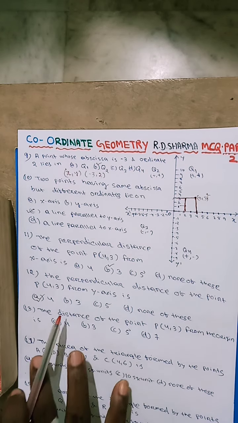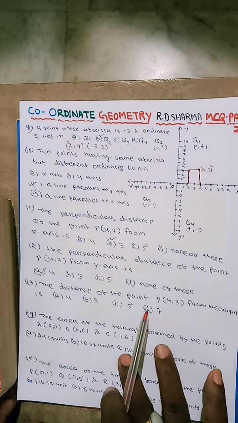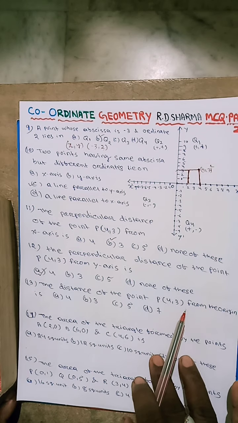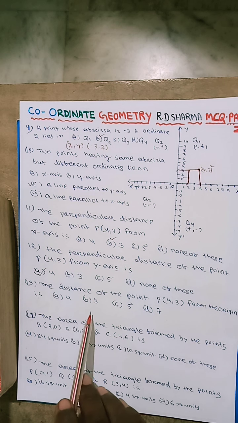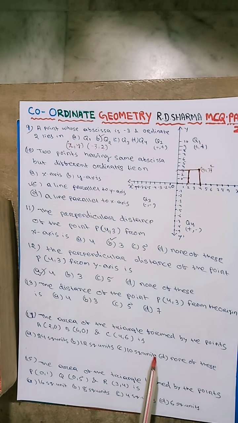Next, number 13. The distance of the point P(4, 3) from the origin is: option A 4, option B 3, option C 5, option D 7.